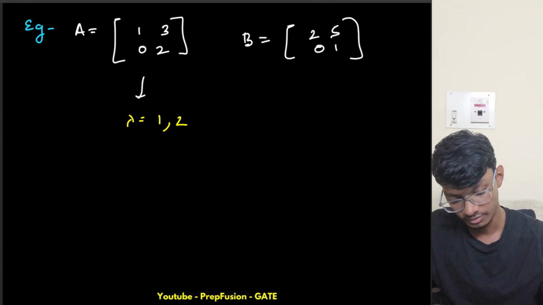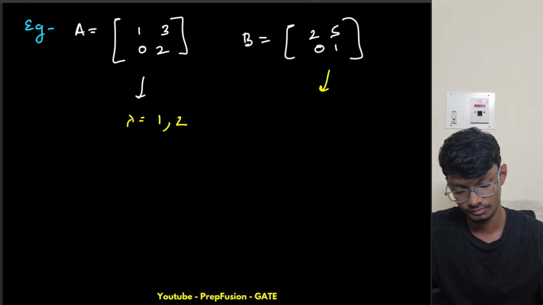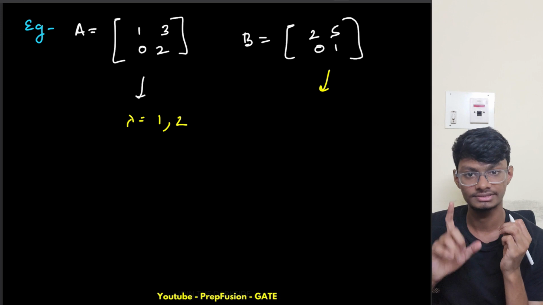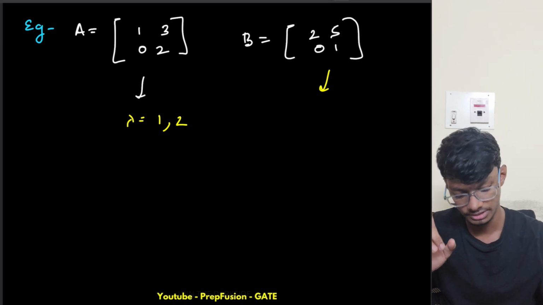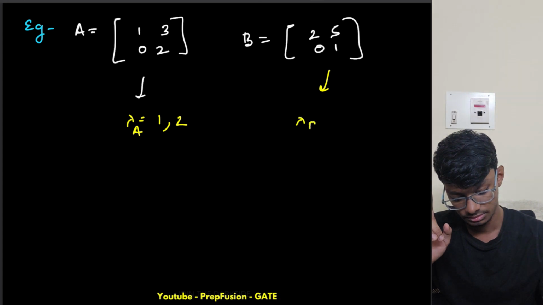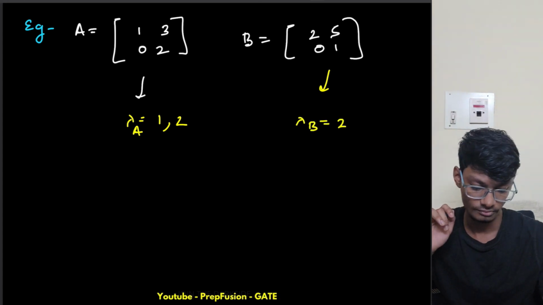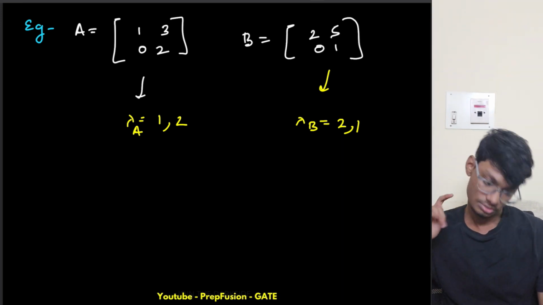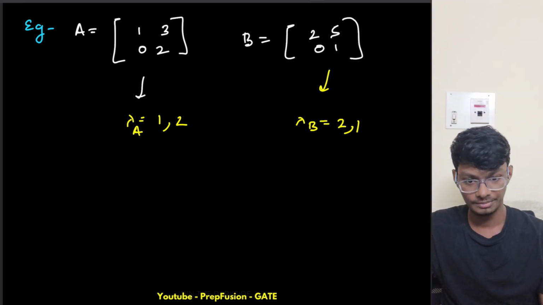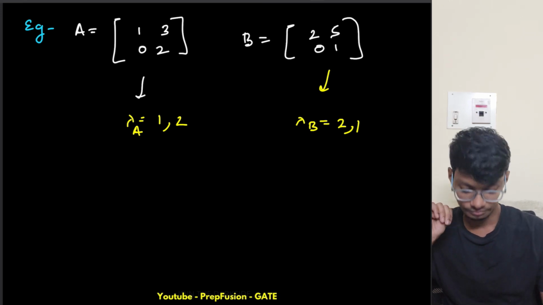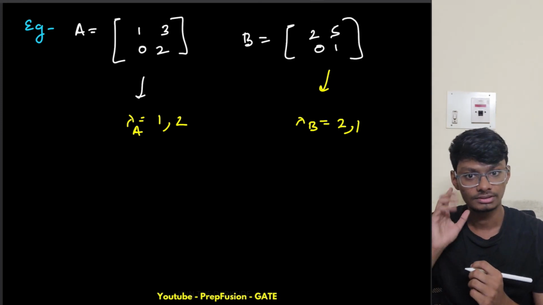Now what are the eigenvalues of matrix B? They are also the same: 2 and 1. So are the matrices similar?